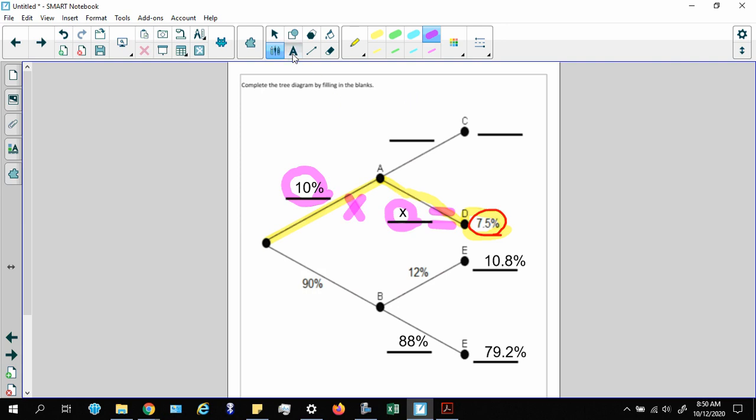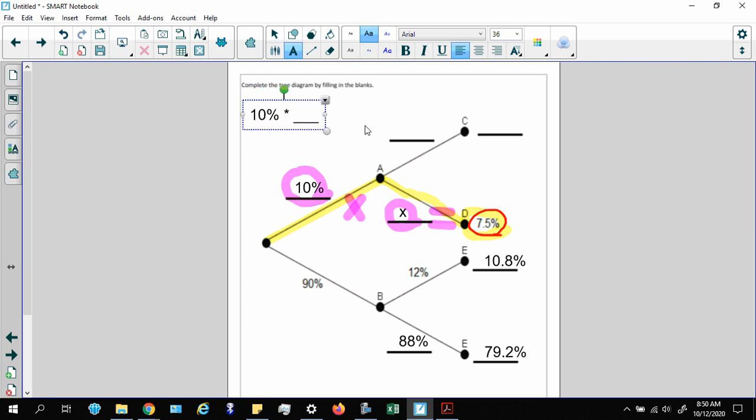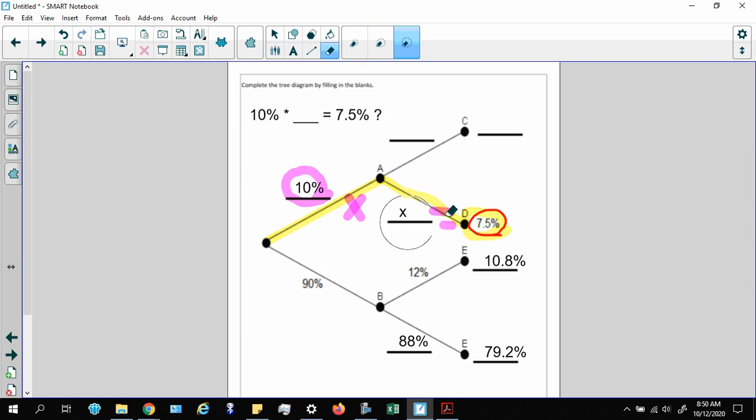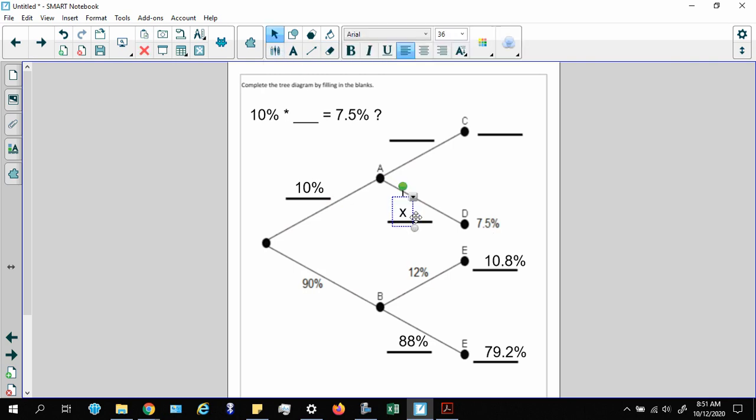So basically look at it from this type of math problem, and that is 10% times what gives me 7.5%? Question mark. Okay? So using math, all I would do is just divide 7.5% by 10%. So we do the exact reverse. So when I took 7.5% and divided by 10%, I end up with 75%.